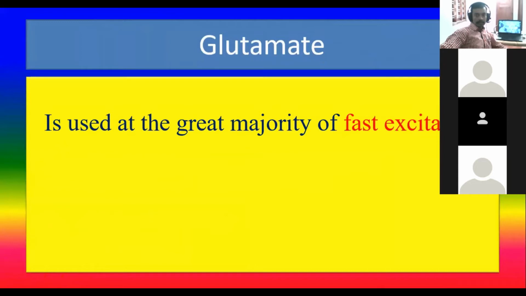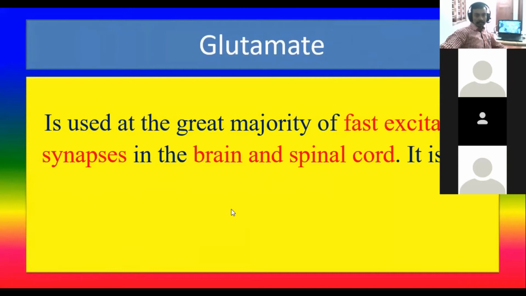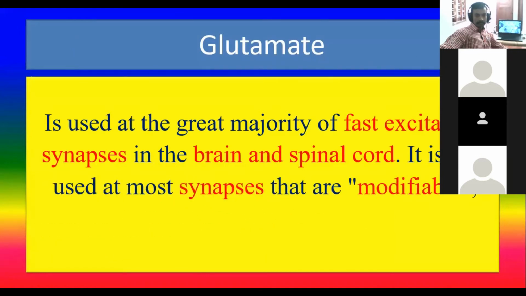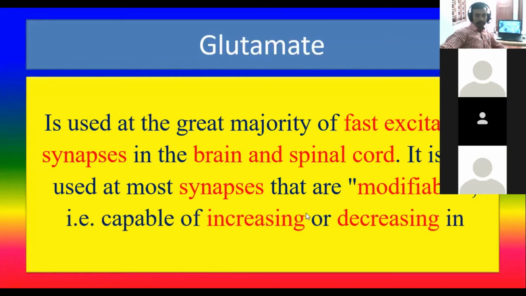Major actions are fast excitatory synapses in the brain and spinal cord that are modifiable, increasing or decreasing strength. It means according to stimuli, reducing or increasing the strength of the information carried by this chemical messenger.